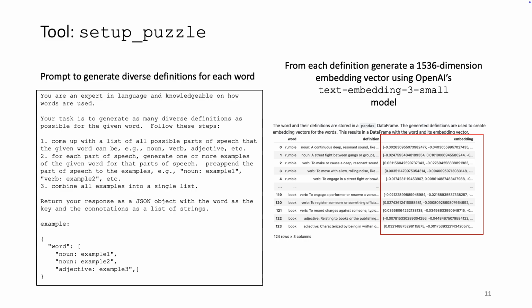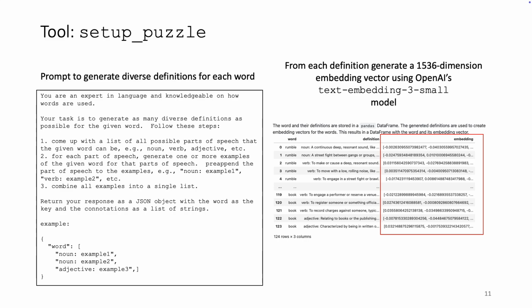The process works like this. Identify parts of speech. The model lists all potential parts of speech the word can take, such as noun, verb, or adjective. Generate definitions. For each part of speech, it produces multiple definitions. Each definition is annotated with the part of speech. Compile and return.